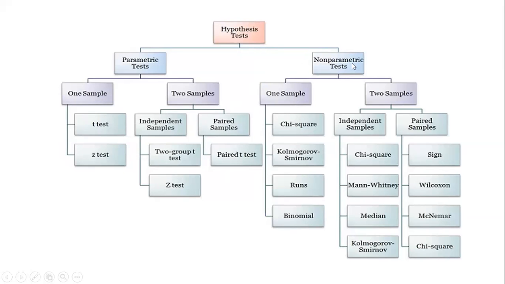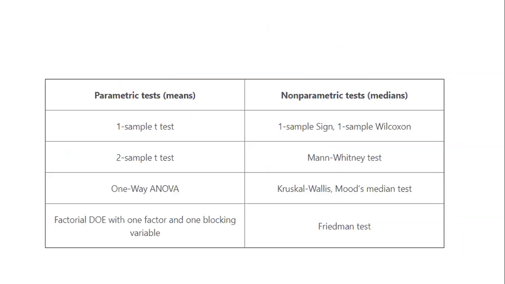In non-parametric tests, if your data are not normally distributed, we go for non-parametric. If you have one sample, we use chi-square, binomial, or anything we can run. If you have two samples, we can go for Mann-Whitney, Sign, Wilcoxon, or chi-square. Just keep the names of these tests: these are the parametric and non-parametric tests.